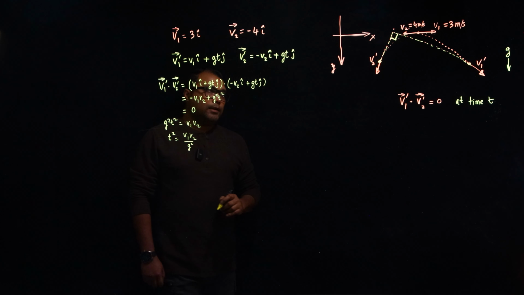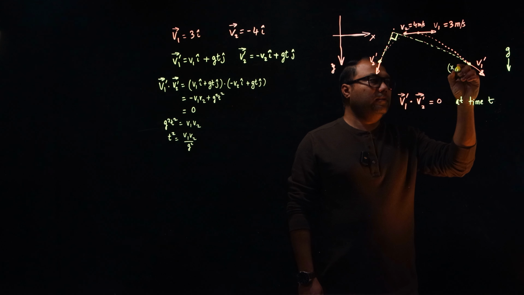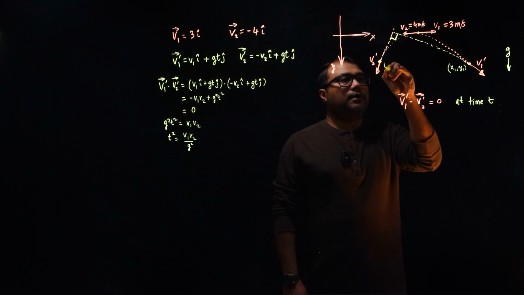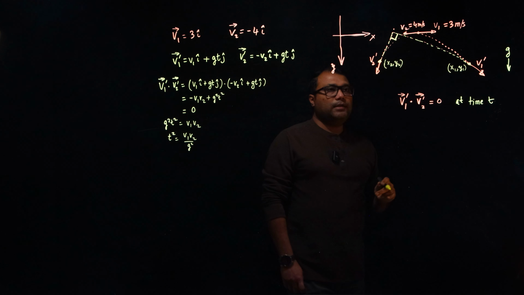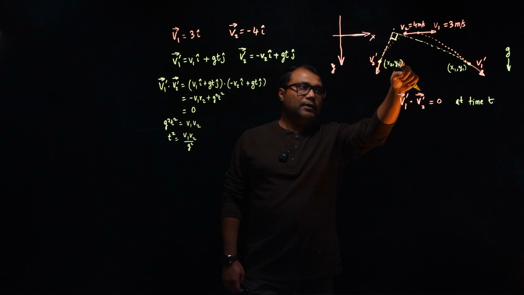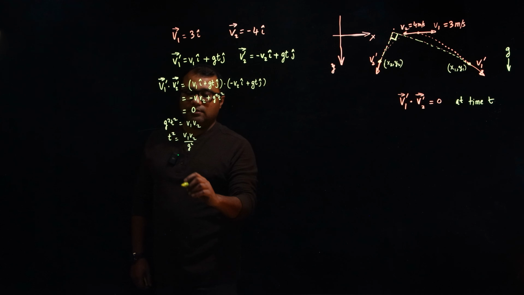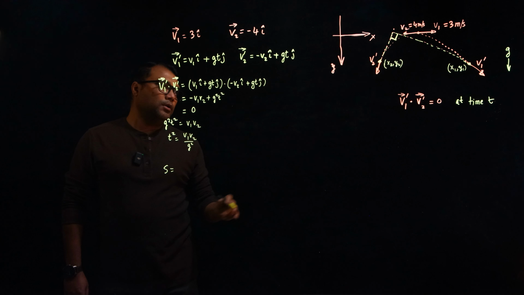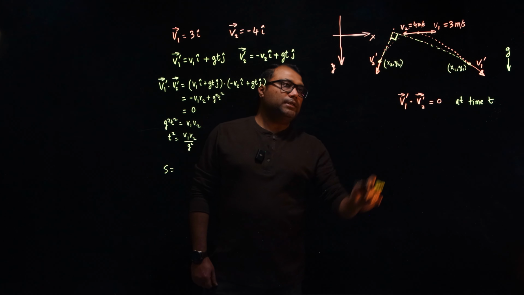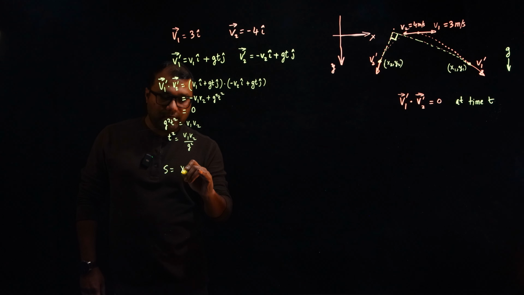Now let's suppose this coordinate is x1, y1 and this coordinate is x2, y2. We can clearly see y1 is equal to y2 because both cover the same distance in time t. So the distance between the two bodies at this condition is as simple as x2 minus x1 or x1 minus x2.